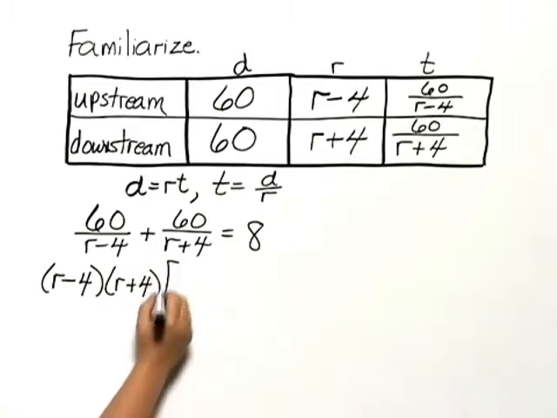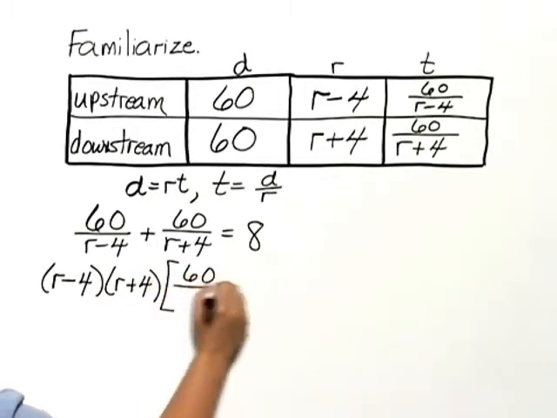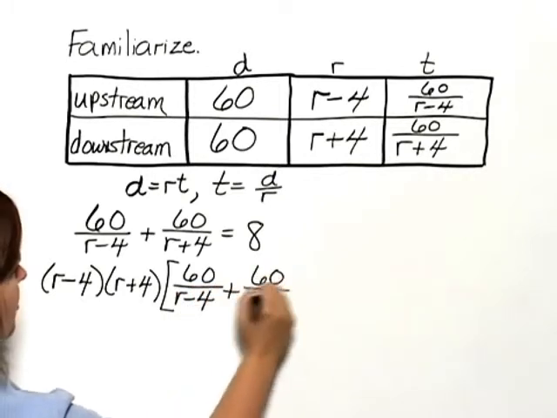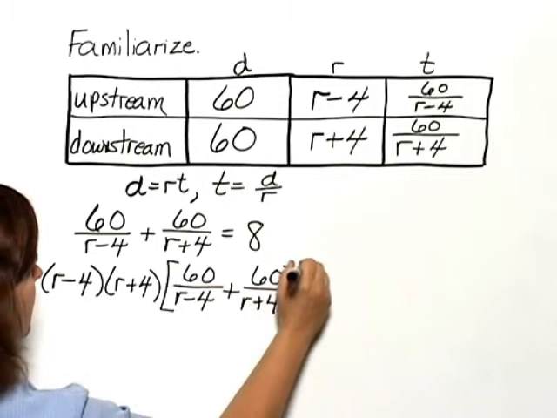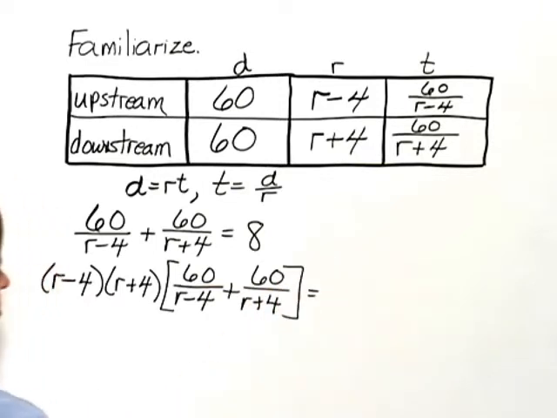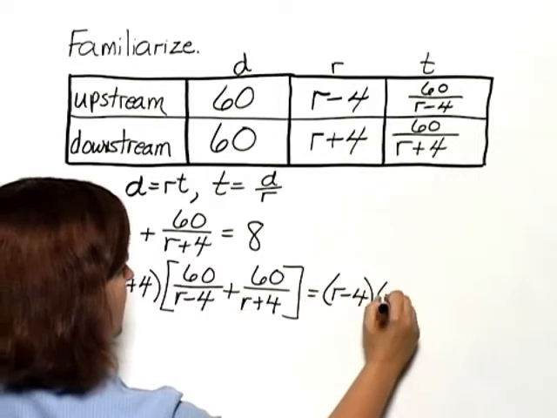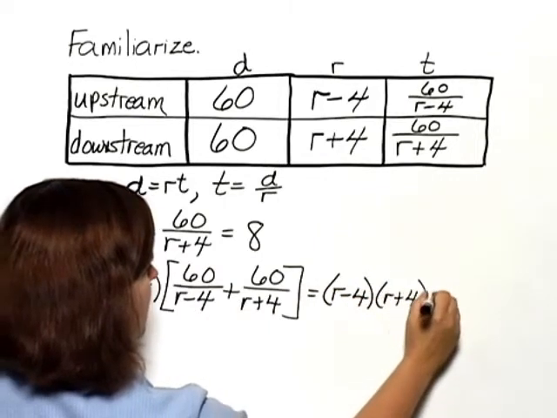We multiply that by the left side, that's 60 over R minus 4, plus 60 over R plus 4. And we also multiply that by 8, which is the right side of the equation. R minus 4 times R plus 4 times 8.